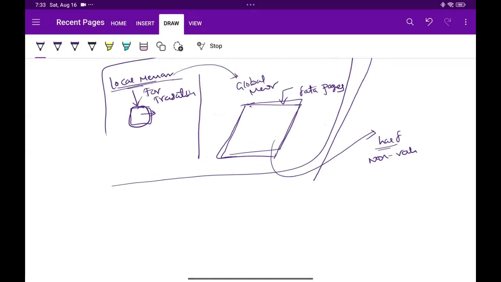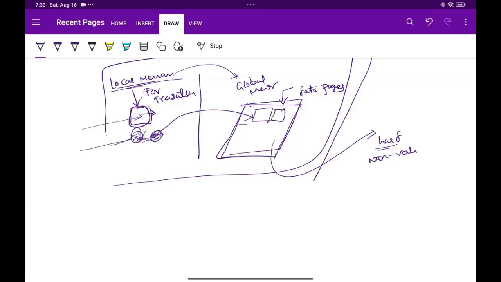Now, as we already assumed, all transactions are happening sequentially. So the first transaction is doing some operation and consuming some local memory. After that it modifies some data pages.